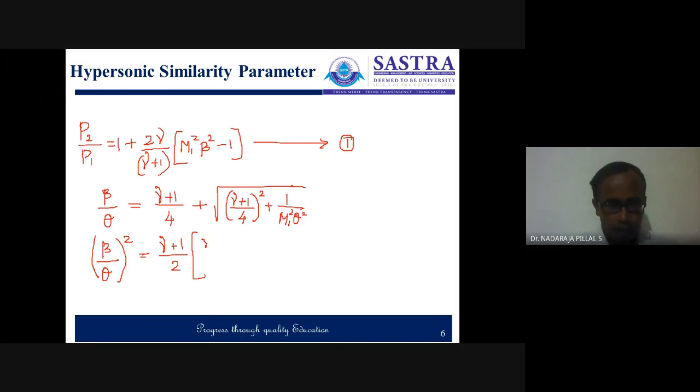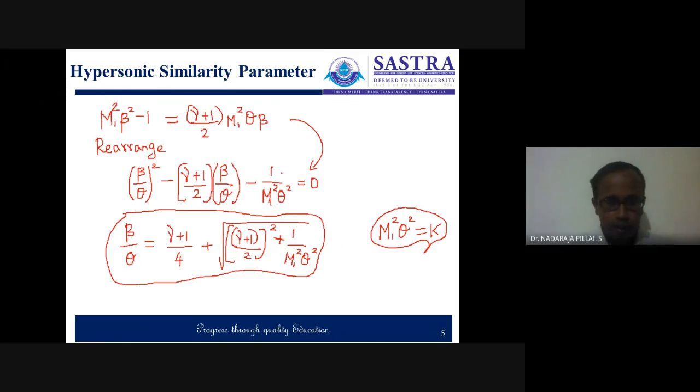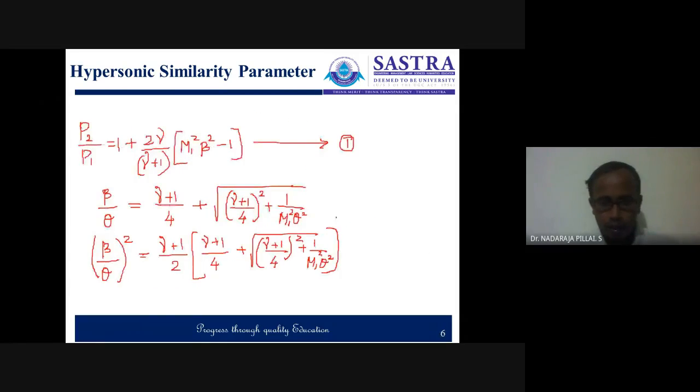So beta by theta is gamma plus 1 by 4 plus root of gamma plus 1 by 4 square plus 1 by m1 square theta square, minus 1 by m1 square theta square. So this is the equation for beta by theta square.